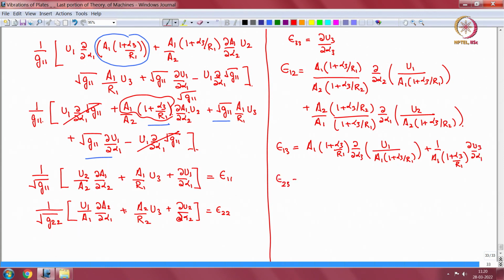Epsilon 2 3 is equal to A2 1 plus alpha 3 by R2 del alpha 3 U2 by A2 into 1 plus alpha 3 by R2 plus 1 by A2 1 plus alpha 3 by R2 del U3 by del alpha 2.